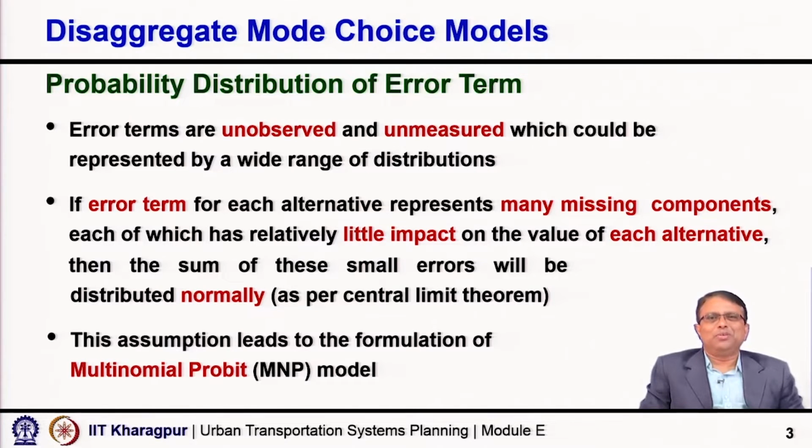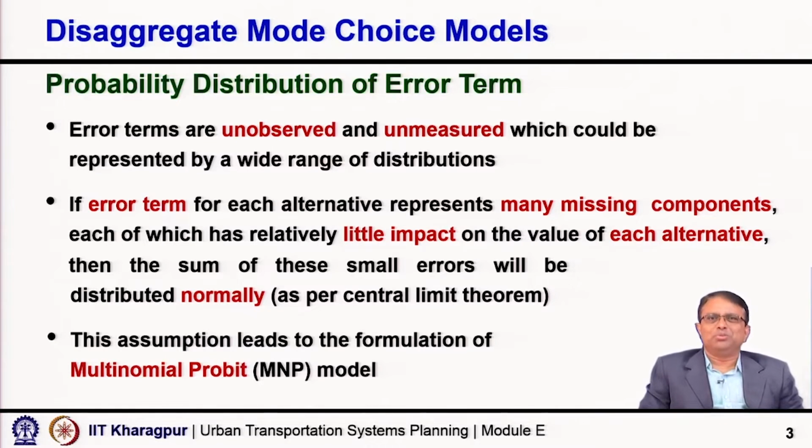So, one possibility is of course to assume that this random variable follows a normal distribution, and normal distribution is very common. Anything commonly assumed in all such cases is basically the normal distribution.